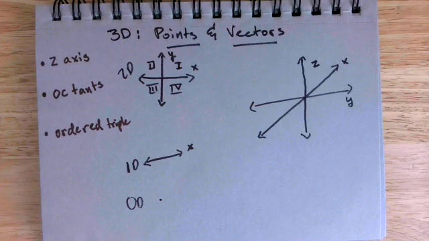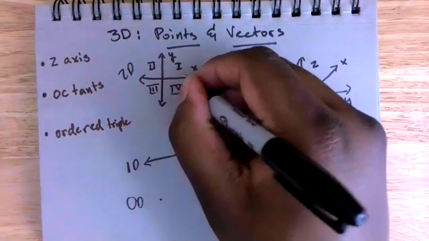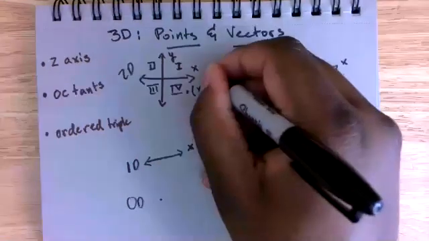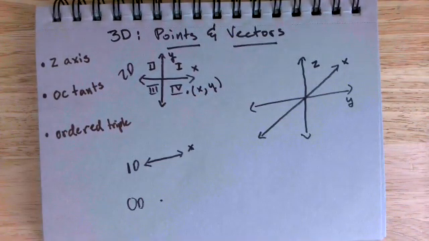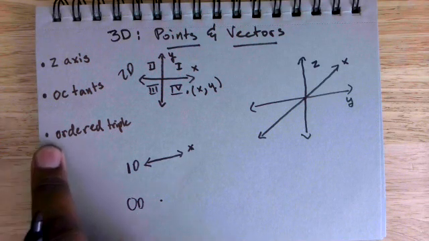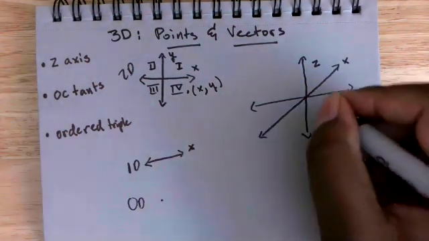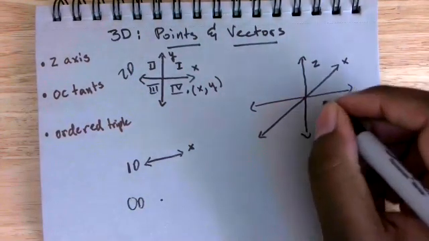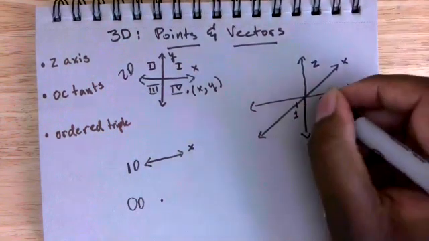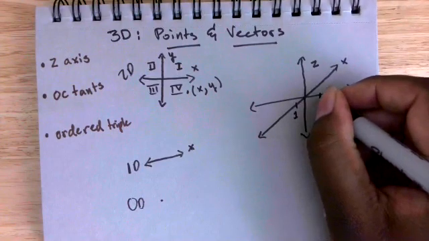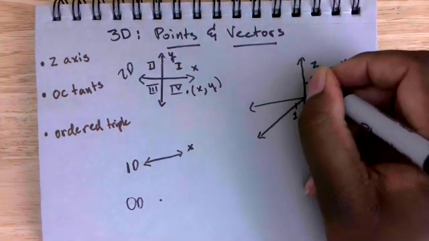Another thing that we see in 2 dimensions is the point, for example, the point x, y, right? We call these things ordered pairs, where the x goes first and the y goes second. In 3 dimensions, however, we don't have ordered pairs, we have ordered triples. In other words, let's say this is 1, this is 1, this is 1.